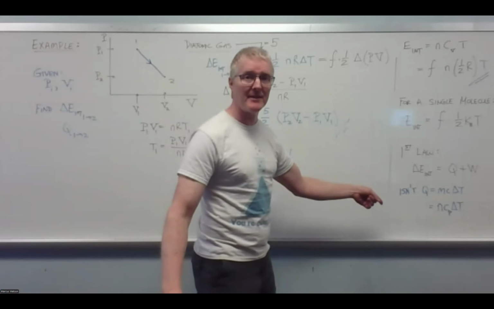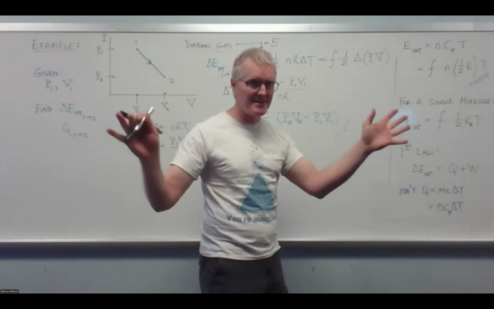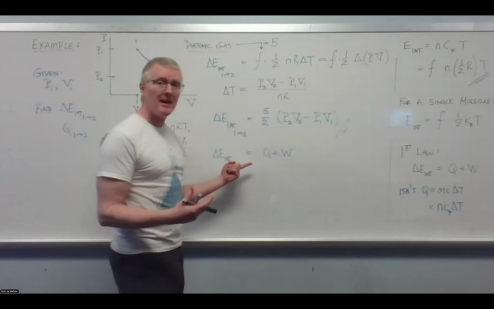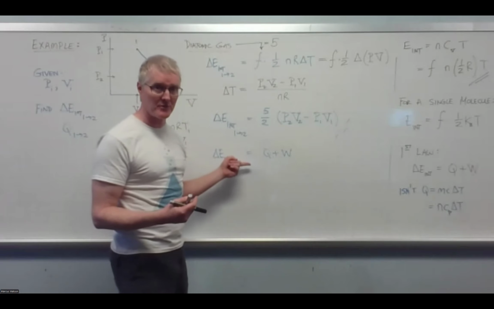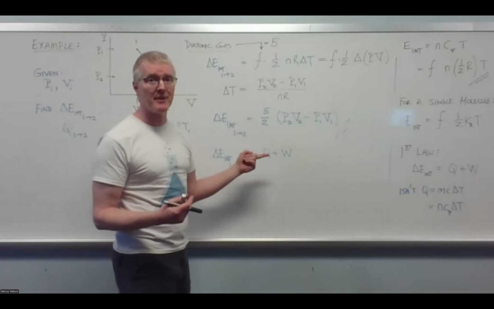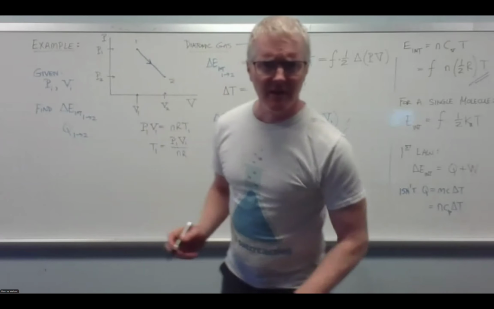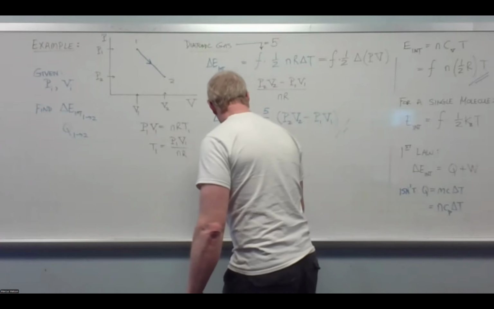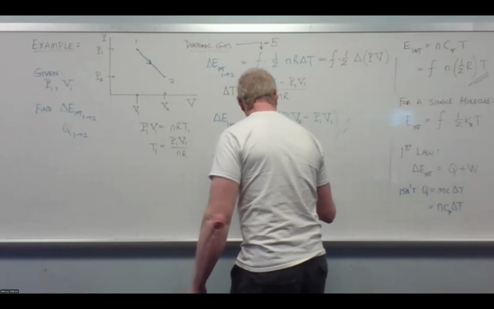This is not going to be valid because this process is not one of my special cases. So I have to rely on the first law to help me out and fall back on doing this in order to calculate what the heat transferred is. This means we need to find what the work is so that I can take these off. Yep, so we're going to find the work here as the area underneath. Q here is going to be equal to delta E internal minus W.